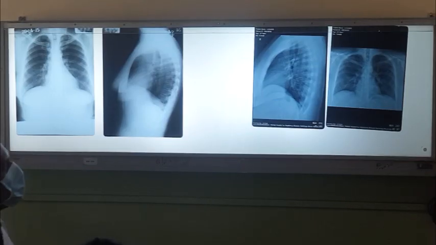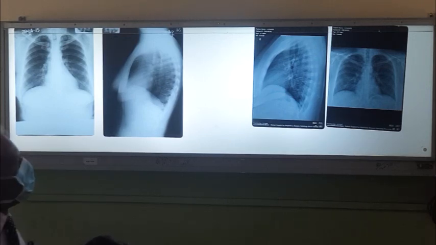So don't do other X-rays without doing a chest X-ray. Because we have seen examples where some people do CT brain, MRI, everything, and finally see a lung cancer on the chest X-ray several weeks later.